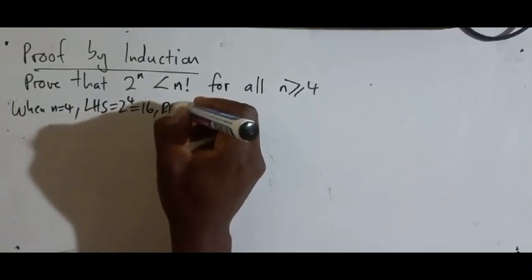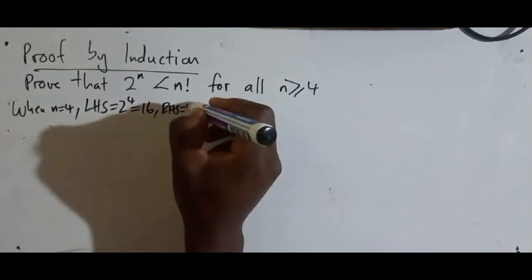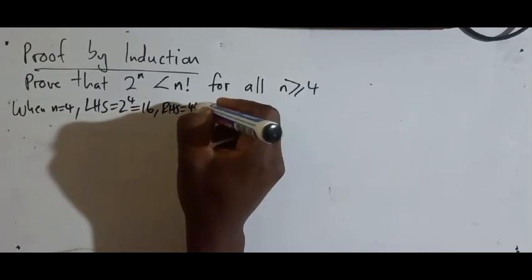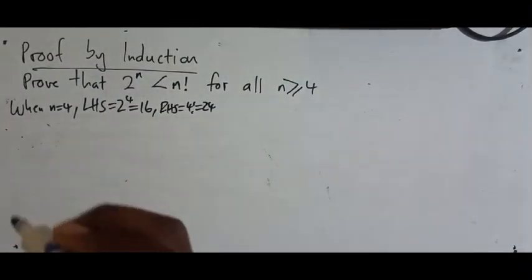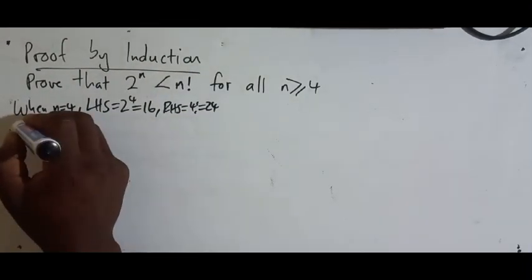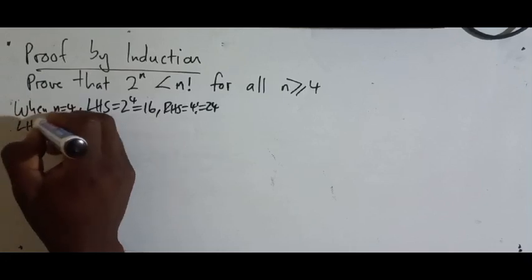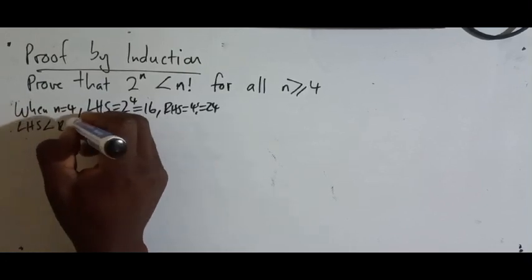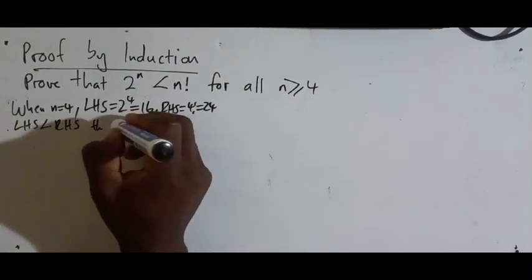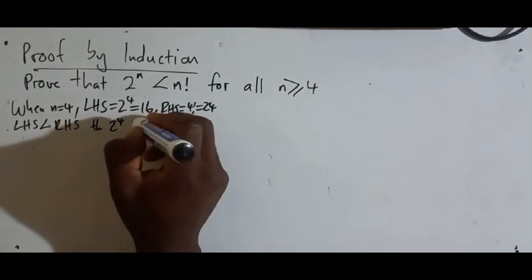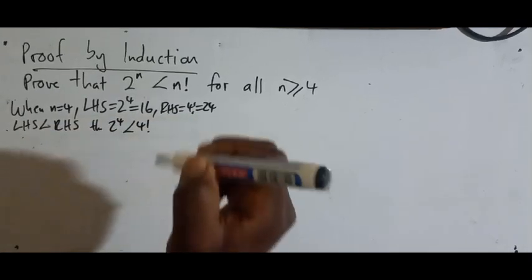And the right hand side equals 4 factorial, which is 24. So you can see that the left hand side is less than the right hand side. Thus, 2 to the power 4 is less than 4 factorial.